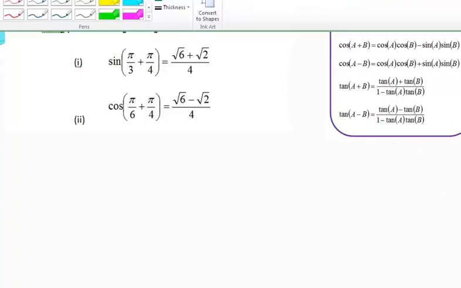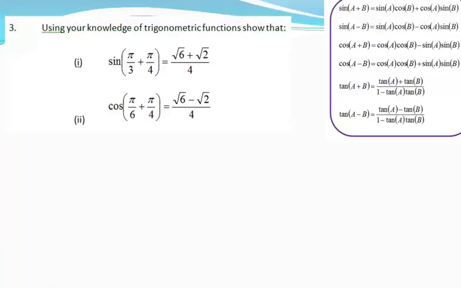So for question 3 we want to be using our knowledge of these equations to show that sine of pi on 3 plus pi on 4 ends up being root 6 plus root 2 on 4. So we have sine of pi on 3 plus pi on 4 is equal to, using this formula here, sine of pi on 3 cosine of pi on 4 plus cosine of pi on 3 multiplied by sine of pi on 4.